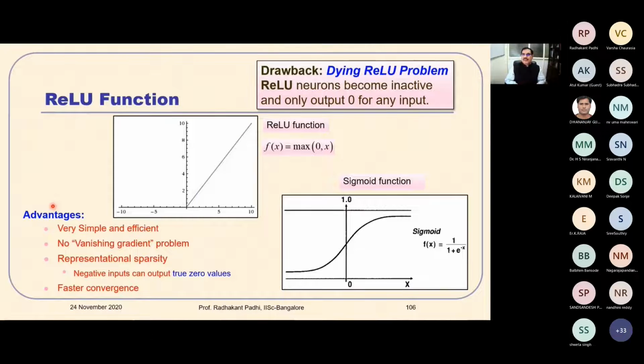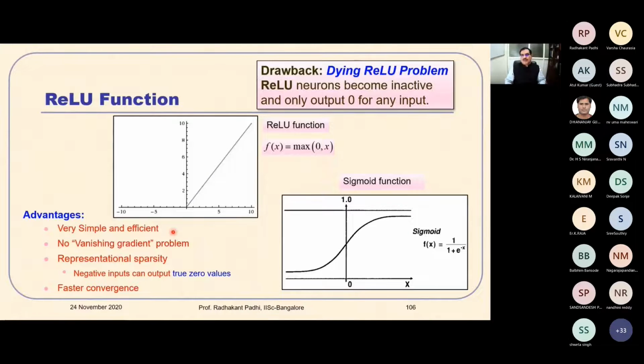So essentially, you can think of that neuron as having died. It is not producing any output at all. That is what is called the dying ReLU problem: the ReLU neuron becomes inactive, and the only output is 0 for any input that you put. Of course, on the negative side.